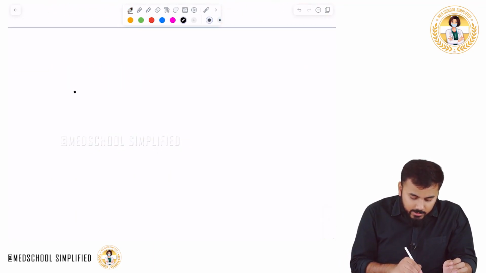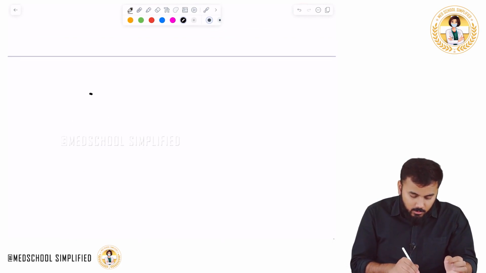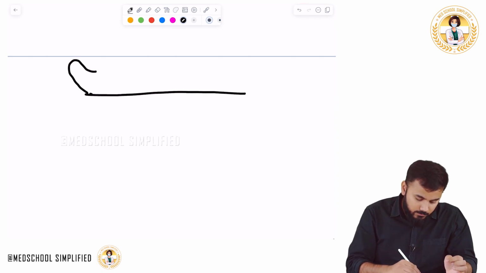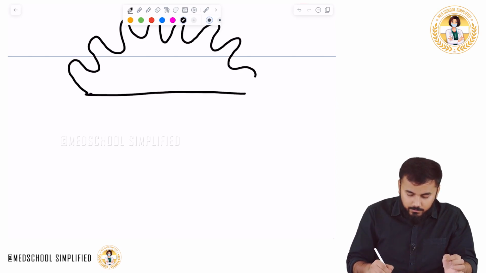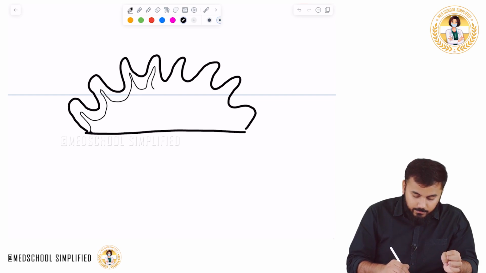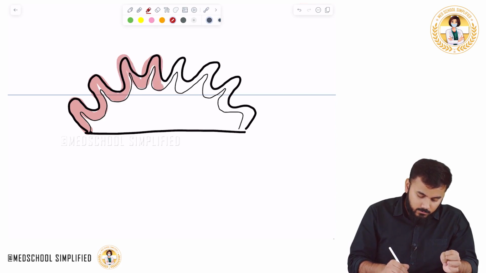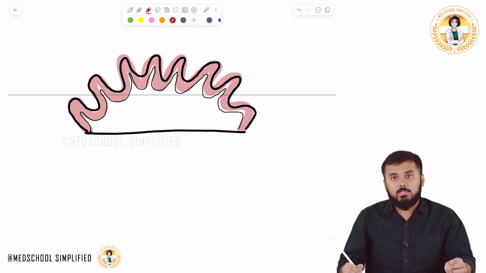So let us say that this particular thing over here is your cerebral cortex, like this. Yeah, this is your cerebral cortex.